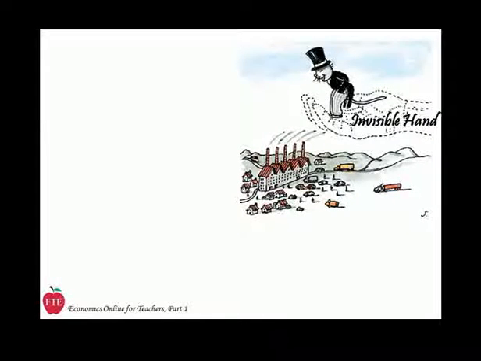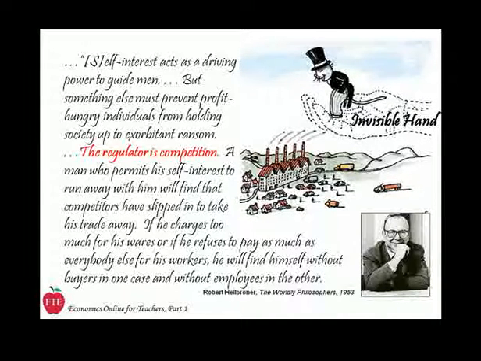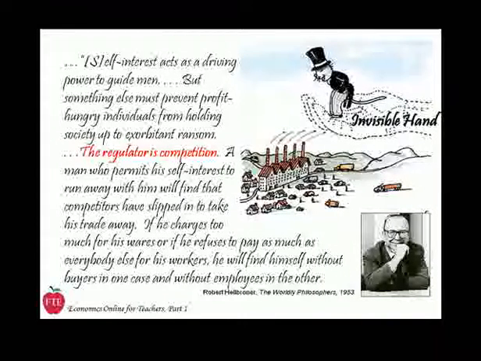Adam Smith insisted that we can rely on the profit motive to provide socially beneficial outcomes regardless of producers' character because of competition. He called competition the invisible hand and explained how it constrains the actions of the entrepreneur. Historian Robert Heilbroner, writing in The Worldly Philosophers, summarizes Smith this way: "A businessman who charges too much for his wares, or refuses to pay as much as everybody else for his workers, will find himself without buyers in the one case and without workers in the other."